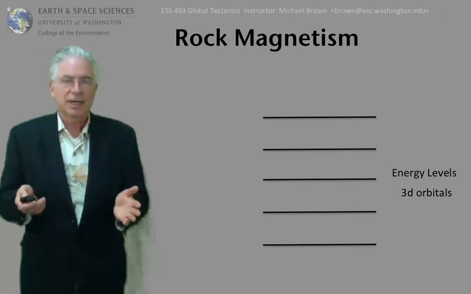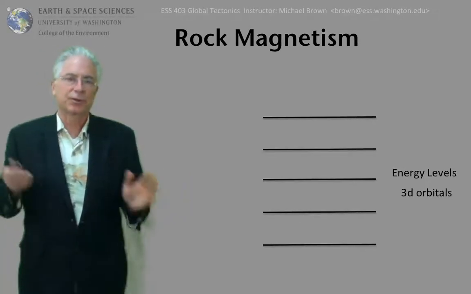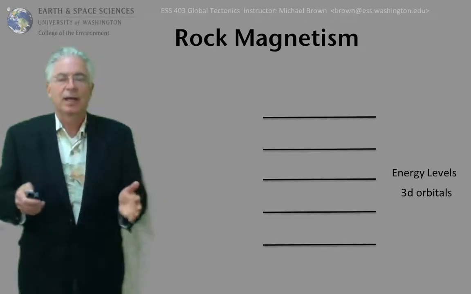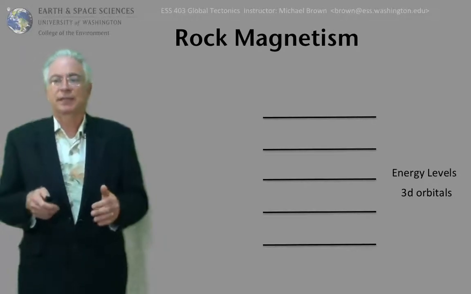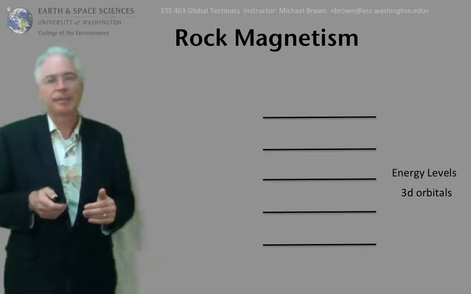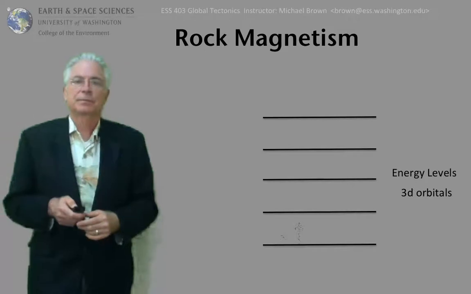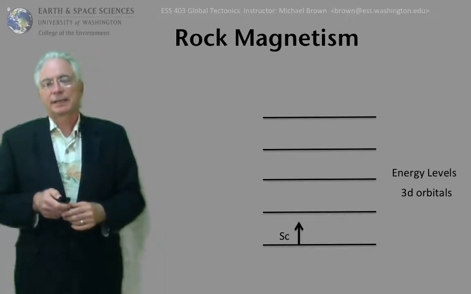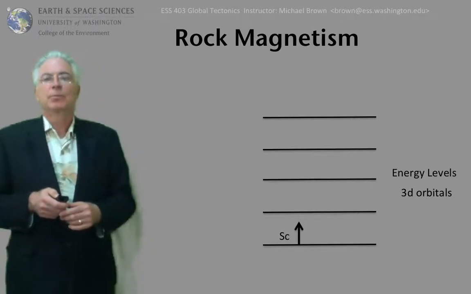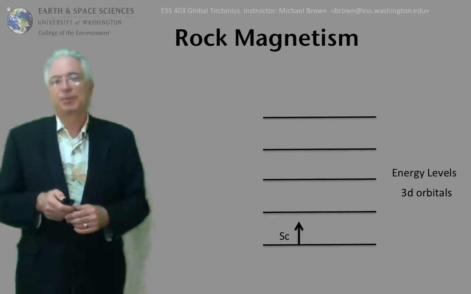But once you put the element inside of a crystal structure, there are electrical fields acting on it that tend to remove the degeneracy of the electronic levels, so the d orbitals all have different energy levels, and I've schematically shown that with 5 steps here. Scandium has exactly 1 d electron, so we've put a single d electron in the lowest energy level with the spin pointing up.